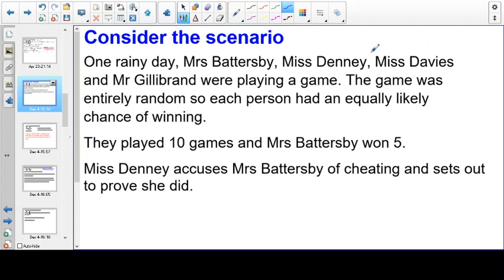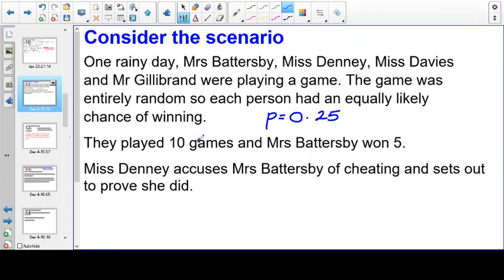So the game, if everyone's got an equally likely chance of winning, is deemed to be fair, and because there's 4 of us playing, then the probability of successfully winning would be 0.25. So that's our P, and that's what we are assuming is true, because the game is said to be fair.